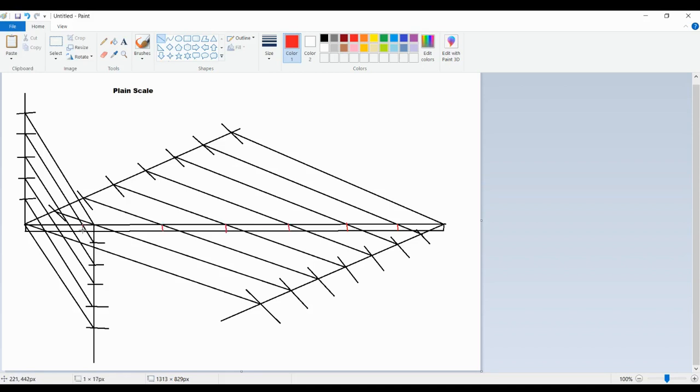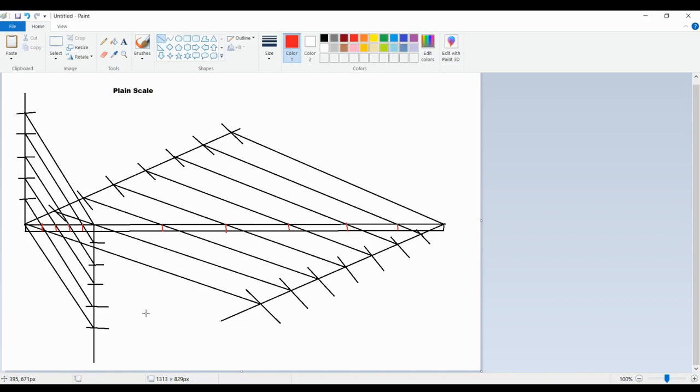Then we make the secondary perpendiculars for the secondary divisions. Okay, and make sure that these perpendiculars are absolutely straight lines. Okay, so you have the perpendiculars drawn.